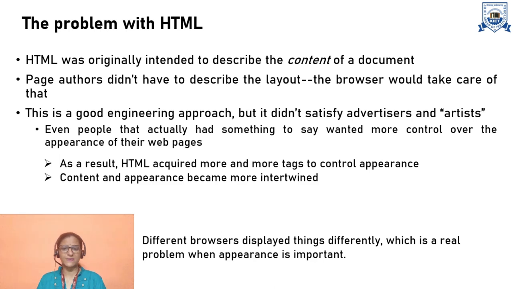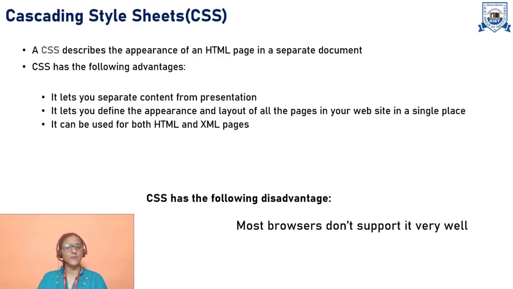Different browsers displayed different things differently, which is a real problem when appearance is important. So that problem was solved with the help of cascading style sheet. CSS described the appearance of HTML page in a separate document. CSS has following advantages.